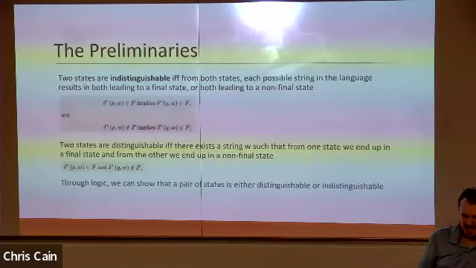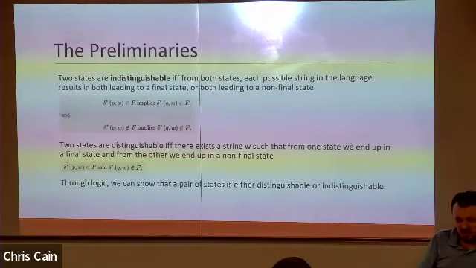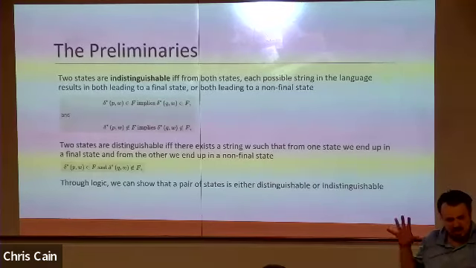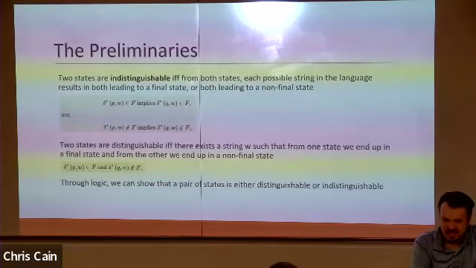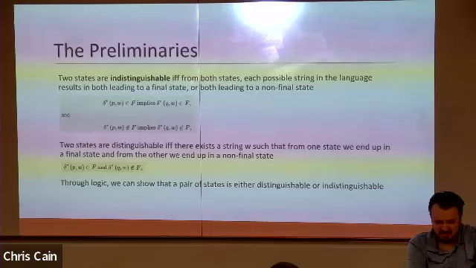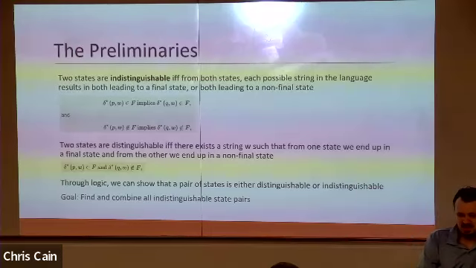We can kind of use a truth table formality to say that, all right, we have a pair of states. They're either distinguishable or indistinguishable. There's no neither distinguishable nor indistinguishable or both distinguishable and indistinguishable. So it's either one or the other. So the entire purpose of this algorithm is to find and combine all pairs of states that are indistinguishable.